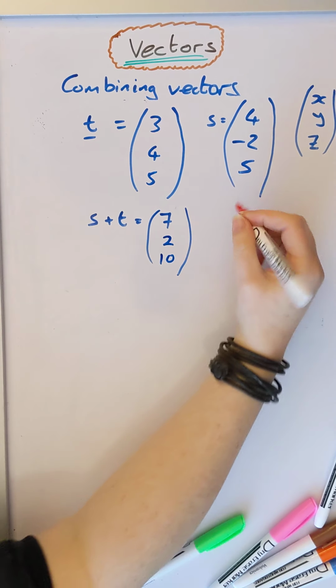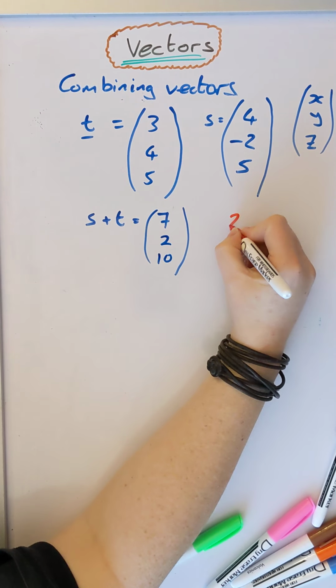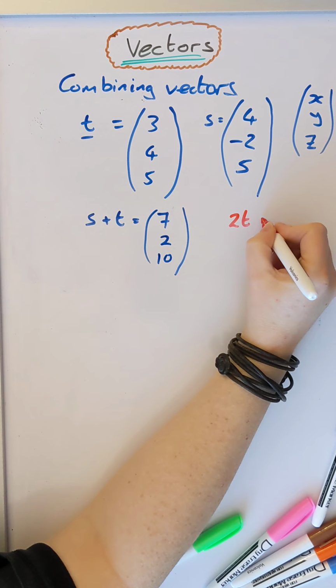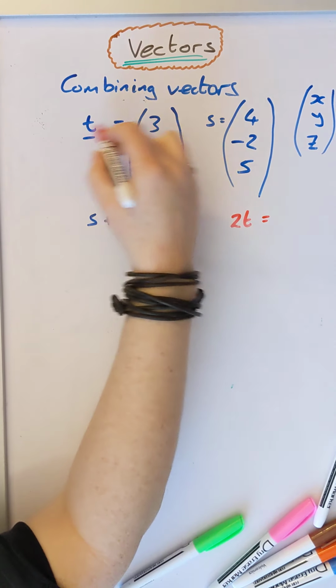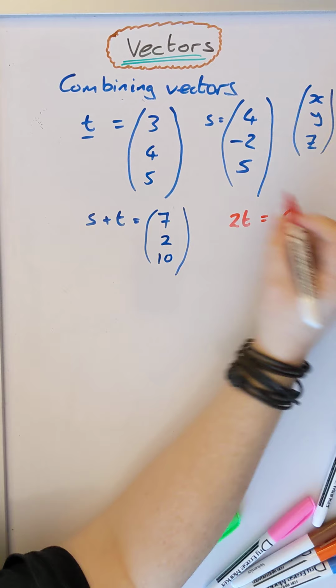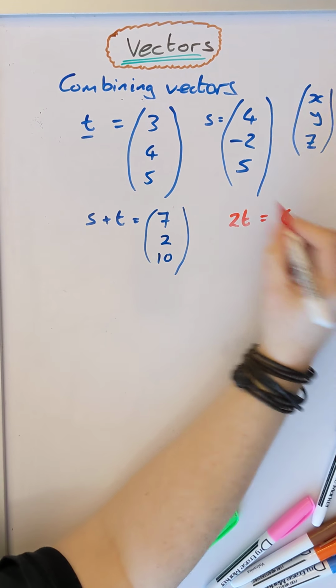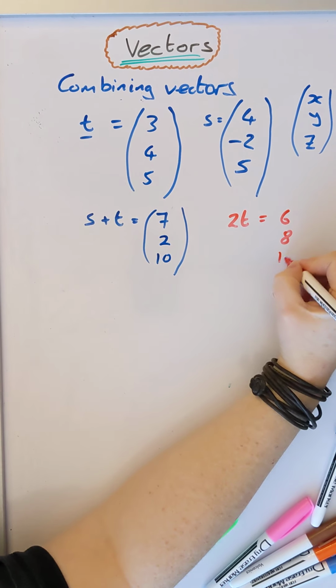If I were to do 2T, I would get 2 times 3 is 6, 2 times 4 is 8, 2 times 5 is 10.